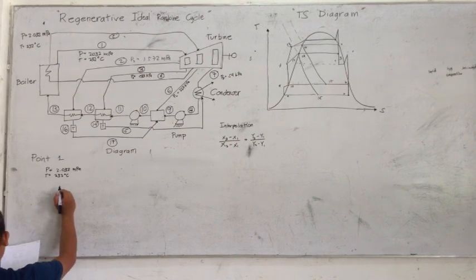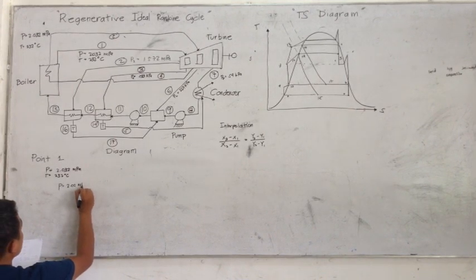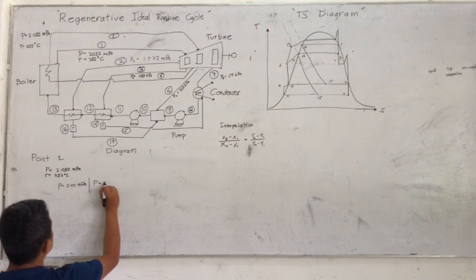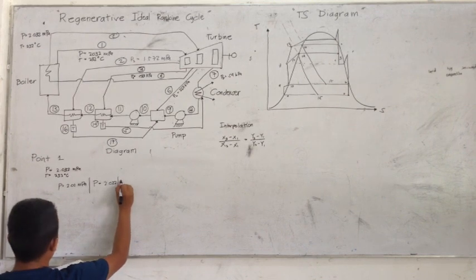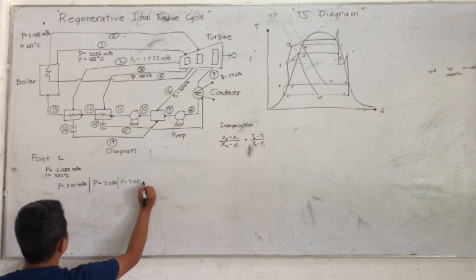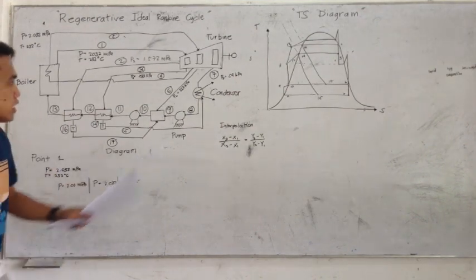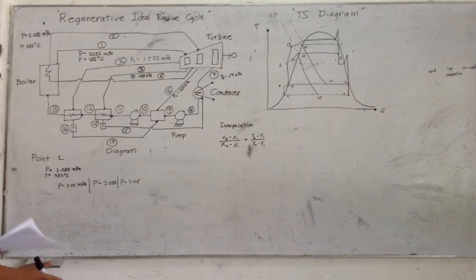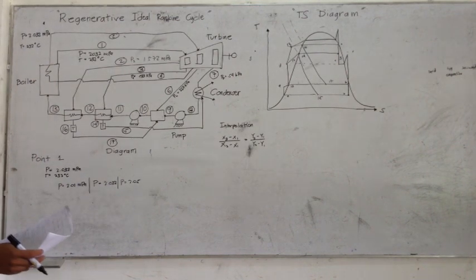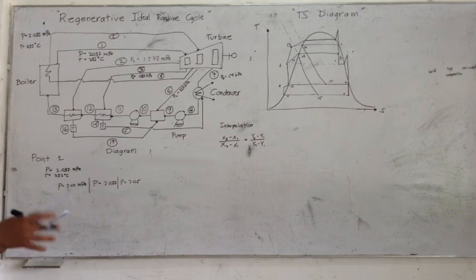To locate H1 and S1, we need the pressure of 2.0 MPa, the given pressure 2.032, and the other pressure, 2.05. In the steam table, pressure 2.0 has a given enthalpy and entropy, and pressure 2.05 also has an enthalpy and entropy.